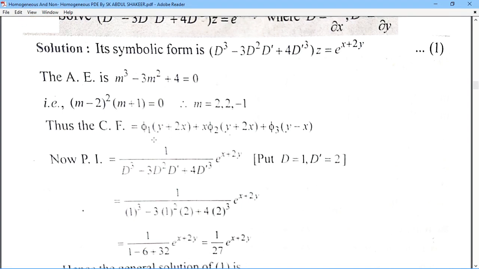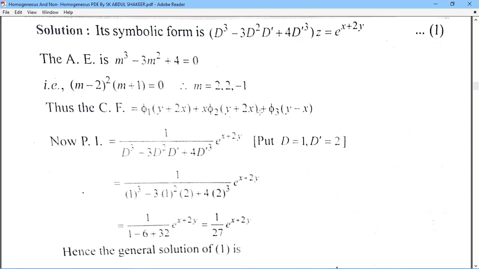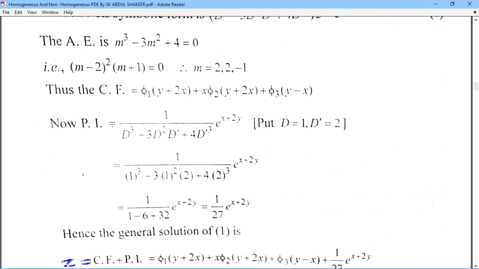So we know that the CF can be written as phi 1 of y plus m1x plus x into phi 2 of y plus m1x. Here m1 equal to m2, so 2 is replaced, and plus phi 3 of y plus m3x. But what is m3 here? Minus 1.